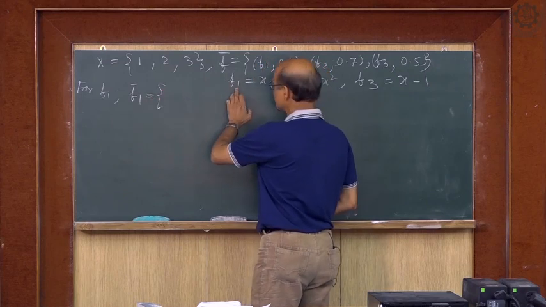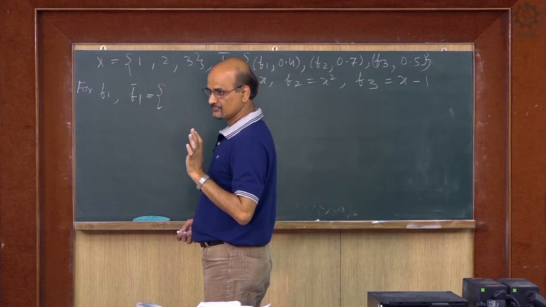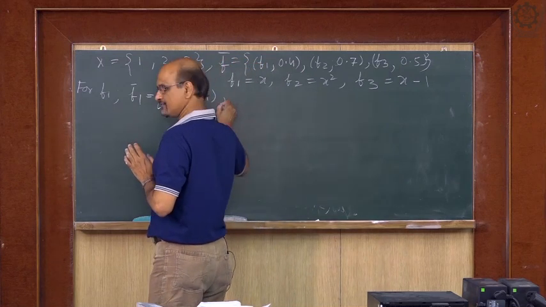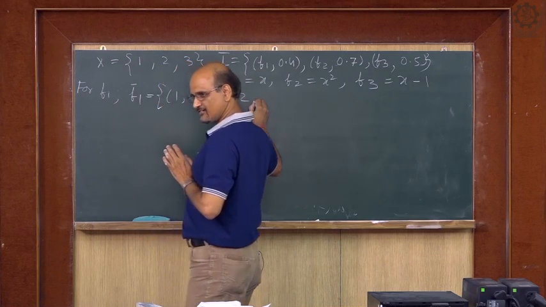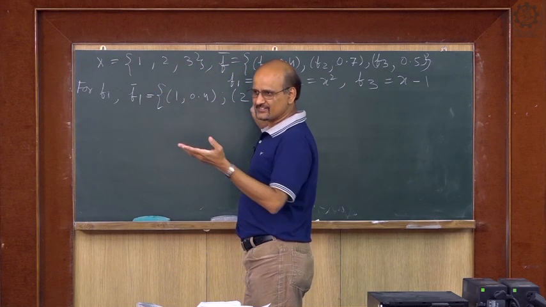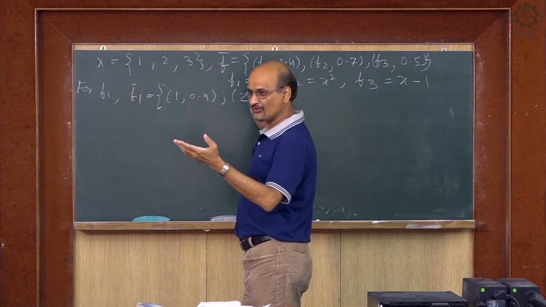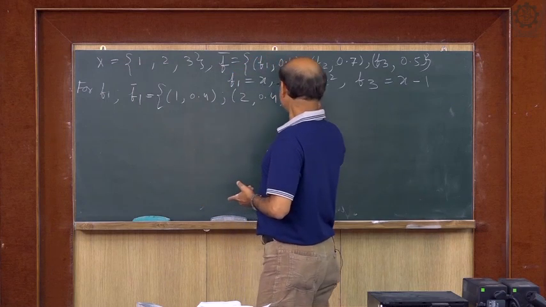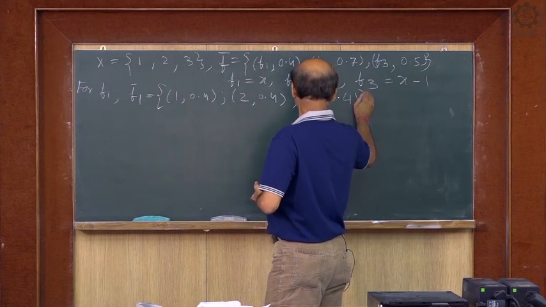So, I am writing f1 bar for f1: 1 comma 0.4, then 2 comma 0.4, you are understanding, then 3 comma 0.4, correct.